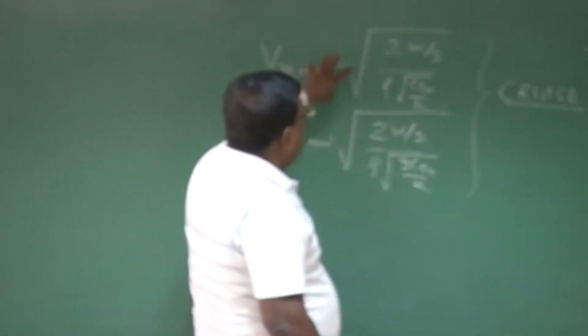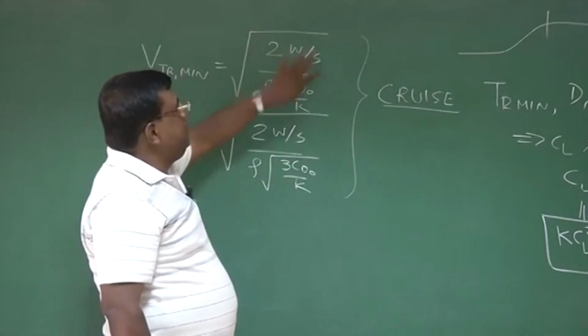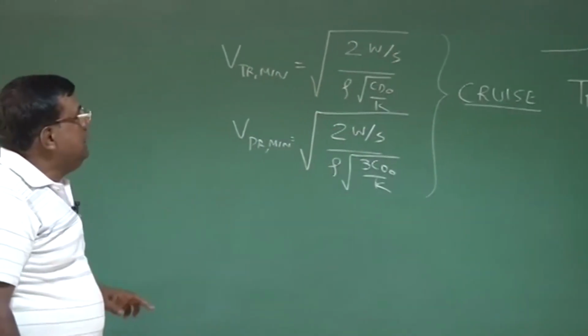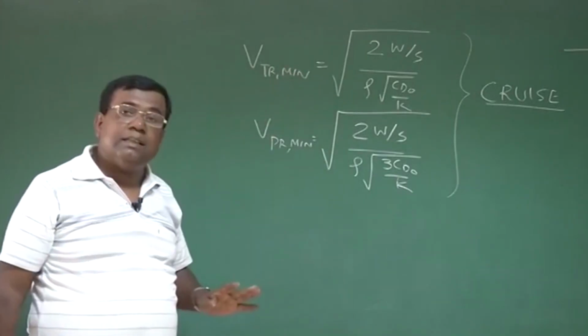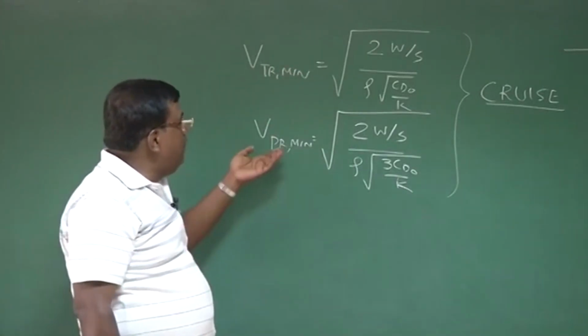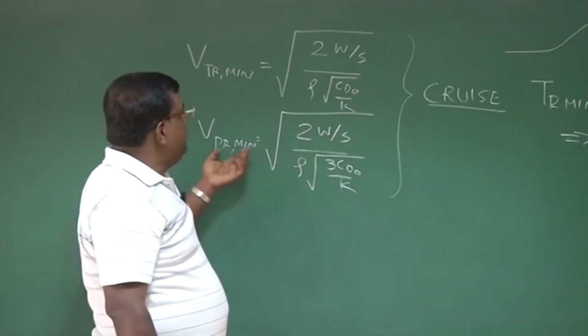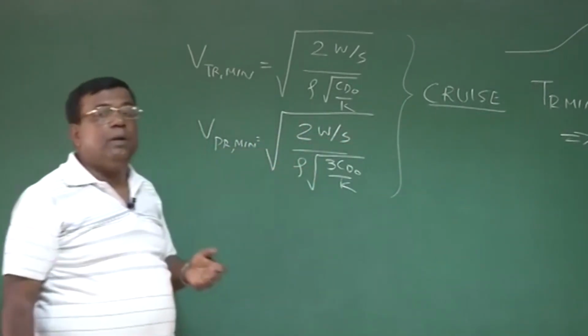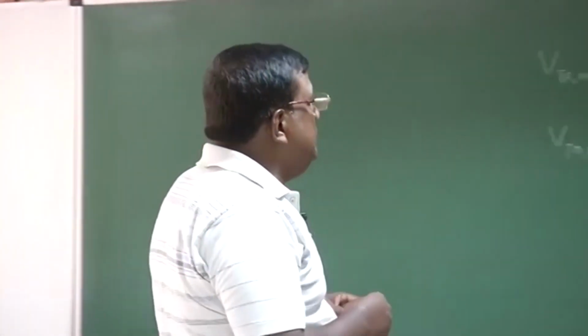If I have a closer look here, if W by S, the wing loading, is less, then the speed required for thrust required minimum will also be less. Similarly, for power required minimum, if wing loading is less, the speed will also be less. And when I say speed will be less, it has a direct impact on the engine.